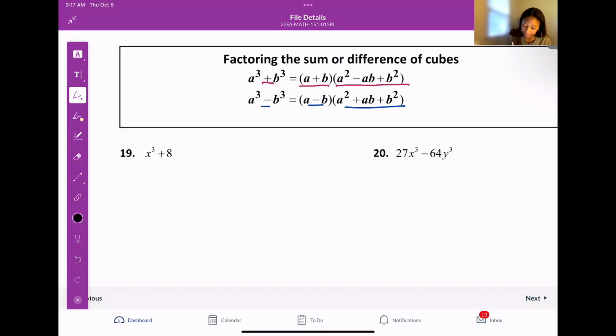For 19, we have x cubed, so our a term is x, plus 8 is 2 cubed. So a equals x, b equals 2, and using our formula for the sum of cubes, this would be x plus 2, that's a plus b, times x squared minus ab, so I'm going to write it as 2x, and then plus b squared, that would be 2 squared, which is 4.